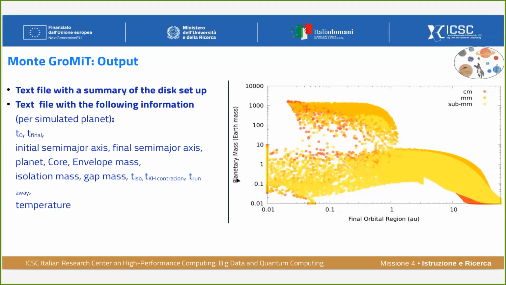You can also change the grain size, because that is in any case a user-defined input from the very beginning. It doesn't have a continuous range, but you can have it as 0.1 millimeter or 1 centimeter, and see what differences that results in with regards to the planets that you can form.